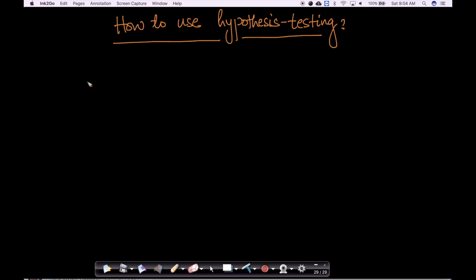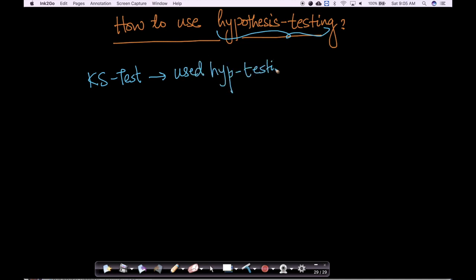Since we have already seen what hypothesis testing is, and we've seen an application of hypothesis testing in the Kolmogorov-Smirnov test, the KS test actually used the ideas of hypothesis testing, like the null hypothesis and the test statistic, to determine if two random variables have the same distribution or not.